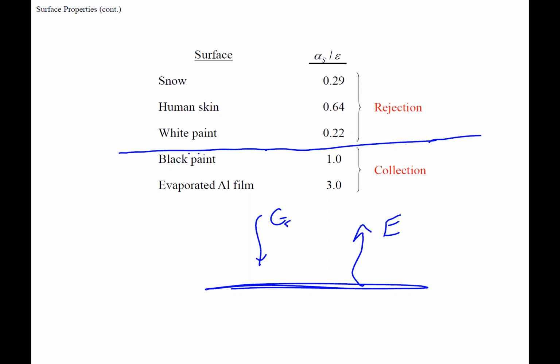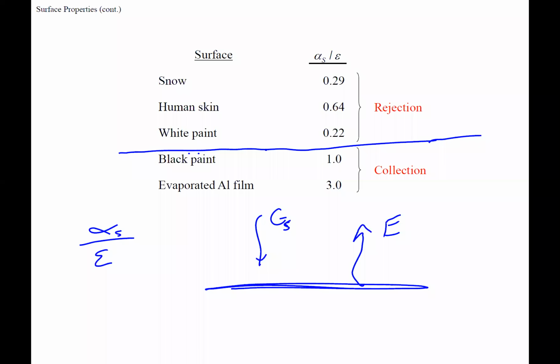Well, in a refrigeration truck, you don't want to collect much, right? So you want to keep and reject energy. You don't want to collect that energy from the sun, right?